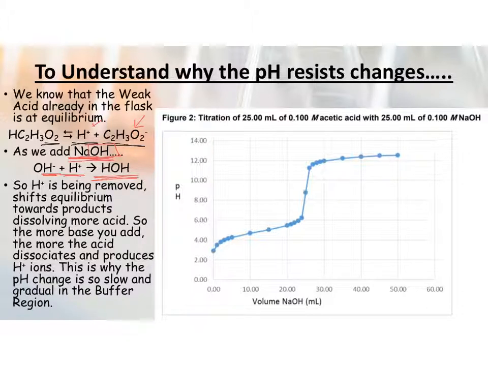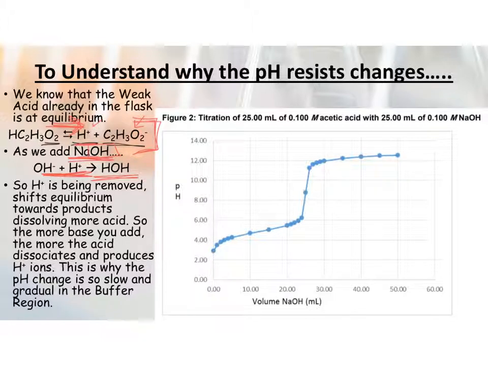Now, because that top equation, our weak acid equation, has H in it, as we are reacting the H pluses, they're being removed from solution. So as they're being removed, the equilibrium is continually shifting more and more and more to the right.